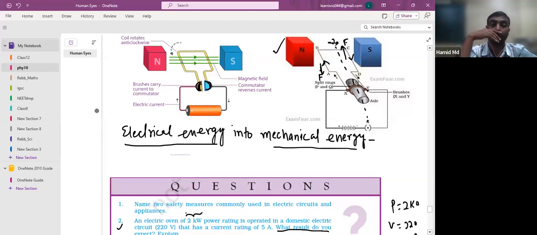What is the mechanism? There is a proper mechanism. How the force is acting upon these loops depends on that. So we already demonstrated the direction of forces on both parts, AB and CD.